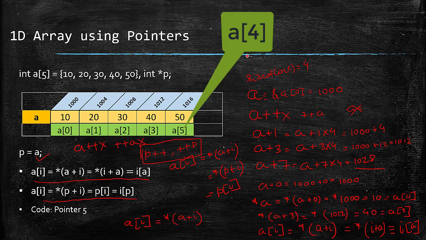So this is the advantage of using a pointer which can hold the address of an array. So let us see an example and see how this is working.